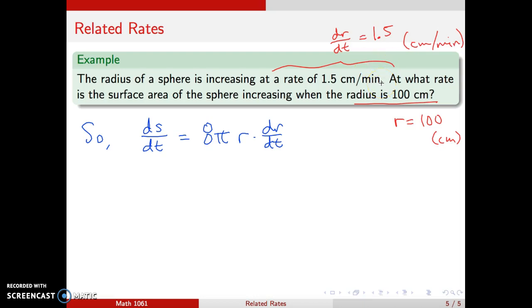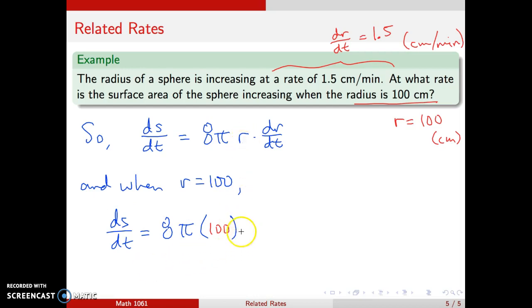So plugging those in, when r equals 100, dS/dt is 8 pi times 100 for r, times 1.5 from up here.